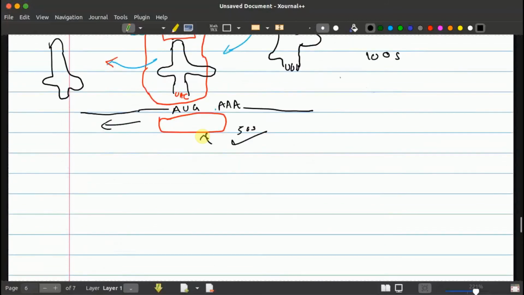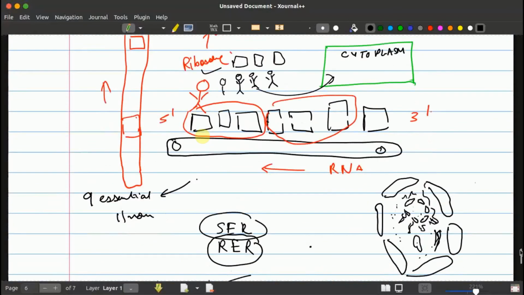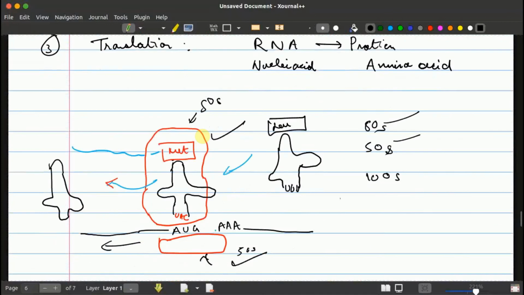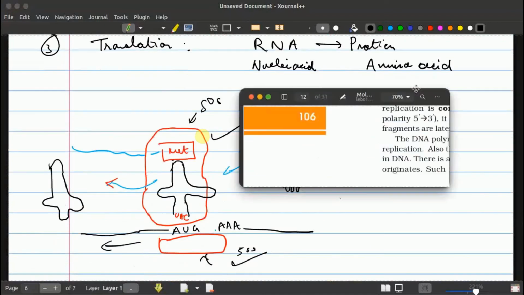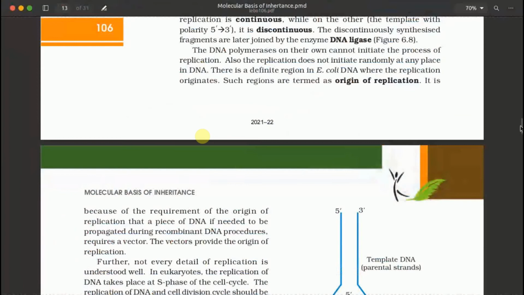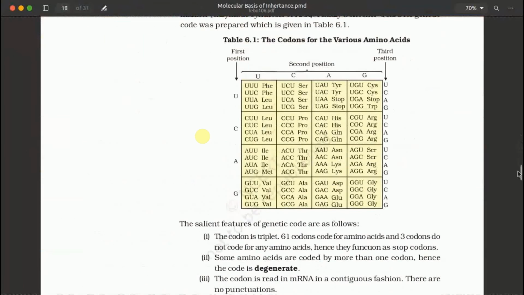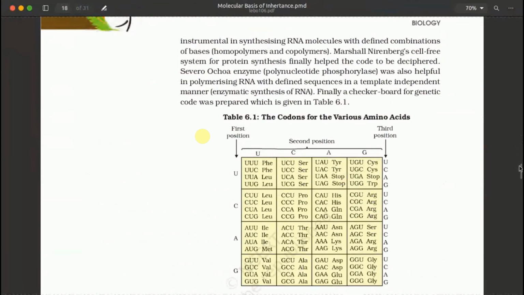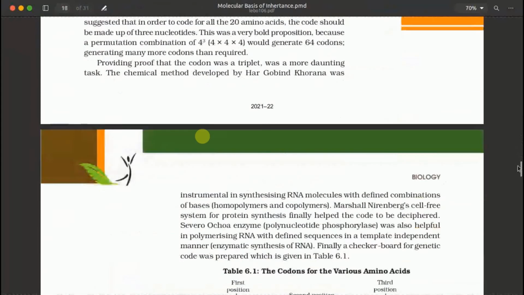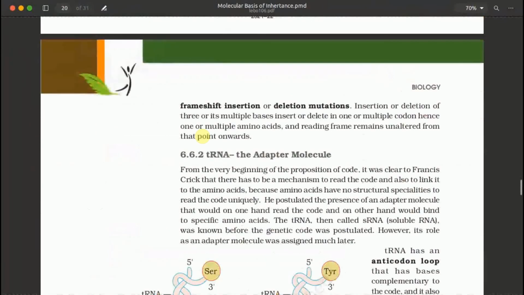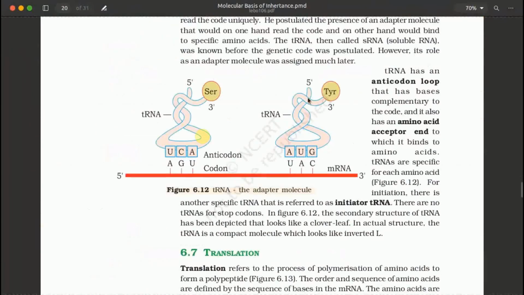Is this clear? Now I will show you this. This is Bio-NCERT, by the way. I've never seen it. One second, I'll show you the amino acid transcription. They have made it like this, but the actual shape is slightly L-shaped.